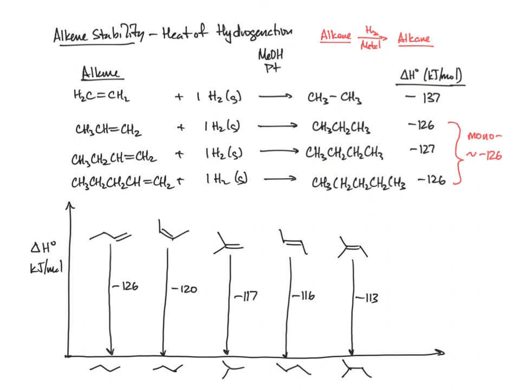So now let's look at the fully substituted. When we generate 2,3-dimethylbutane from 2,3-dimethyl-2-butene, this evolves negative 111 kilojoules per mole.